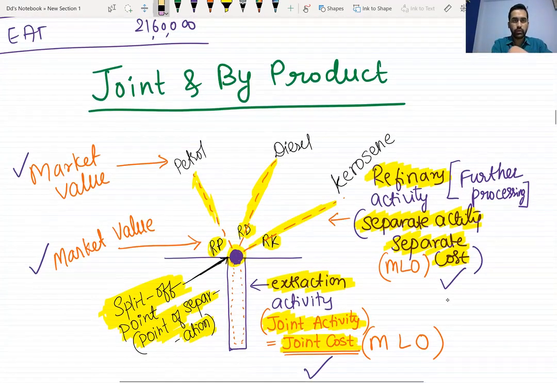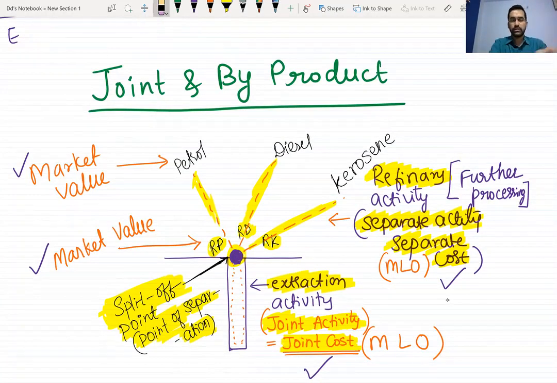I will give you time to copy this little later. Listen to me first. I'll be marking in green. Just listen. I'll give you time to draw later.